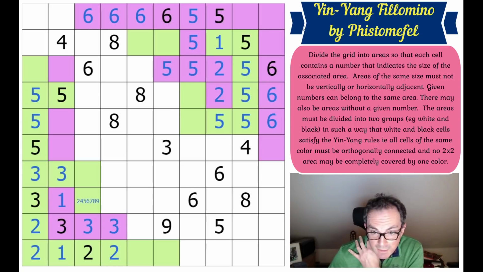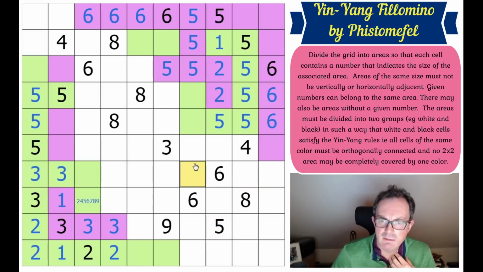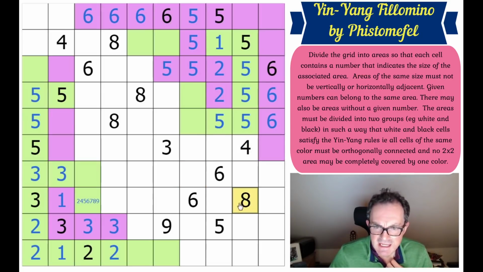What do we do now? Do we know anything about this 4? I've got to be quite careful here as well, actually. I'm just thinking about this. This 8 is incredibly crammed in now. The 8's going to have to occupy quite a lot of real estate down here.